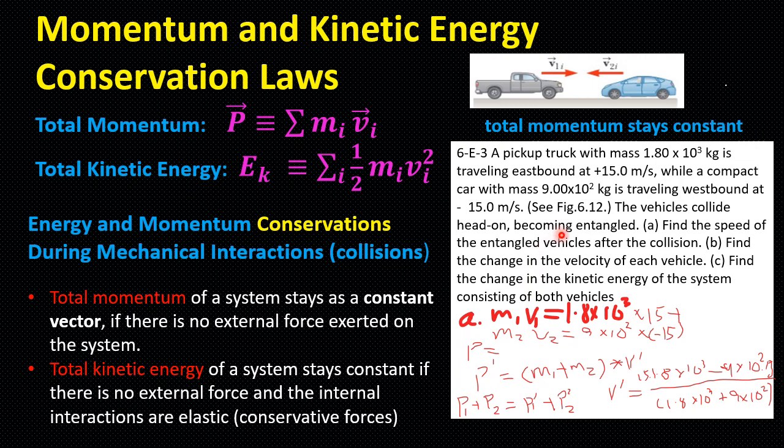So P1 plus P2 equals the total mass together times the final velocity of the complex, which is simply called V prime: M1 plus M2 times V prime. We need to solve for V prime, which is the total momentum before the collision divided by the total mass. So that we will get. Let's see it on another page.